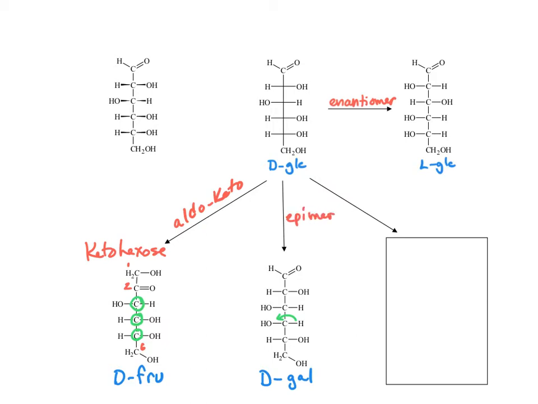Now, an epimer, and we'll write this down later, you don't have to write it now, but an epimer is when you change just 1 chiral carbon. And since glucose has 4 chiral carbons, it's important that we indicate which one we changed. This is the C4 epimer. Now, we just got another sugar, D-galactose.